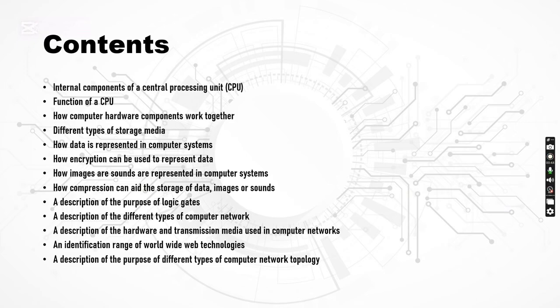How compression can aid the storage of data, images or sounds. A description of the purpose of logic gates. A description of the different types of computer network. A description of the hardware and transmission media used in computer networks. An identification of a range of World Wide Web technologies. A description of the purpose of different types of computer network topology. So let's start this.